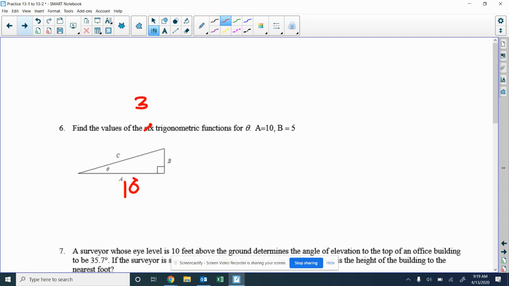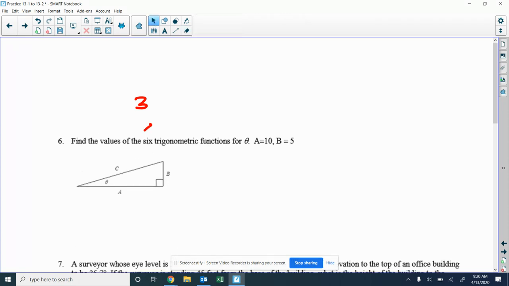Side B is 5, so we do need to find that hypotenuse. That hypotenuse is going to be square root of 75. So actually square root of 125.